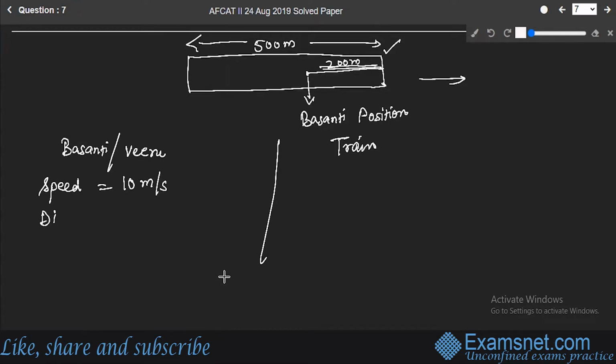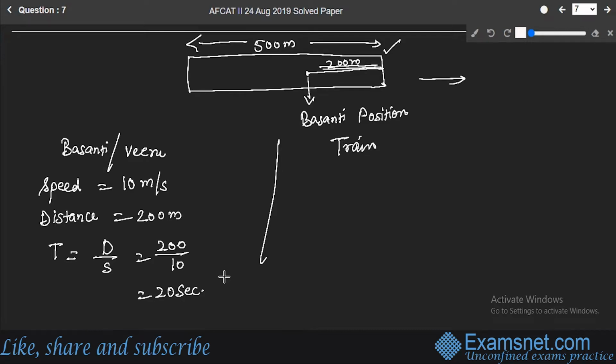The distance they traveled, 200 meters. And let's see the time they have taken. You know, time is given by distance upon speed, or 200 upon 10, or this is equal to 20 seconds. So they traveled this much distance, 200 meters, in 20 seconds.